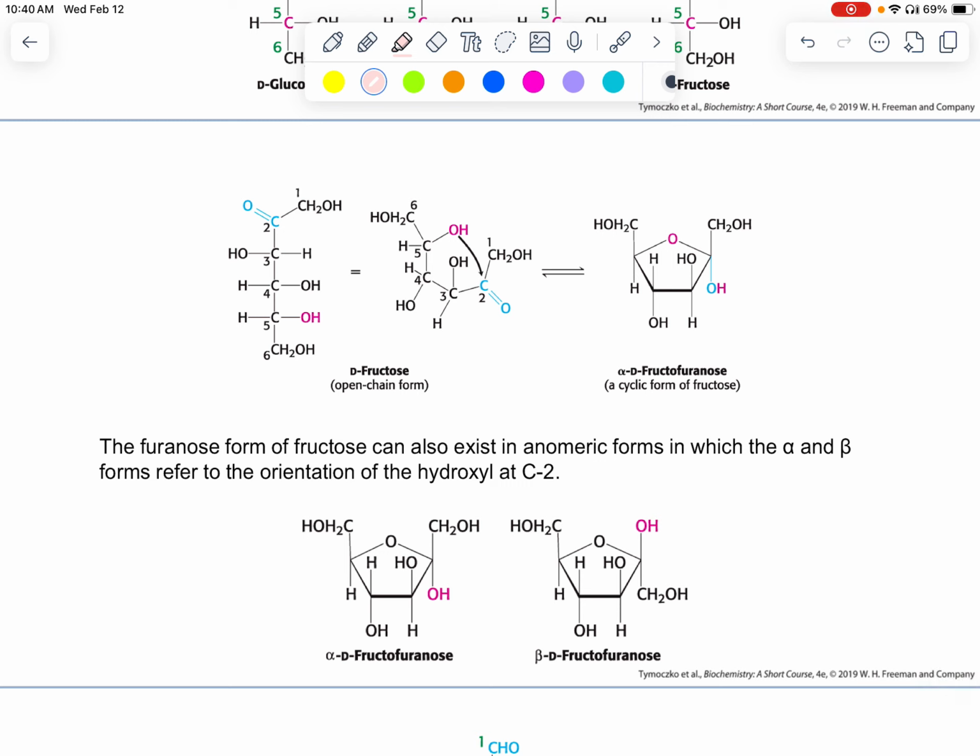So we have our straight chain form over here at the left. But now, as we're numbering from the end closest to the carbonyl, we see that our carbonyl carbon is actually carbon 2. We're still looking at that penultimate carbon, the hydroxyl there, to do that attack. It's going to wrap around and attack that carbonyl carbon, but now it's carbon number 2.